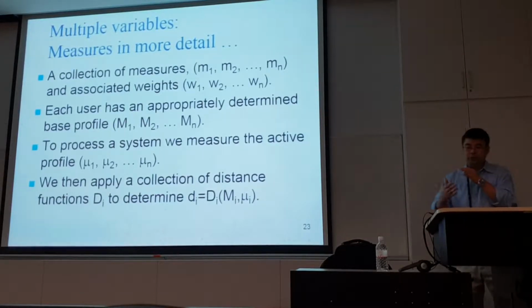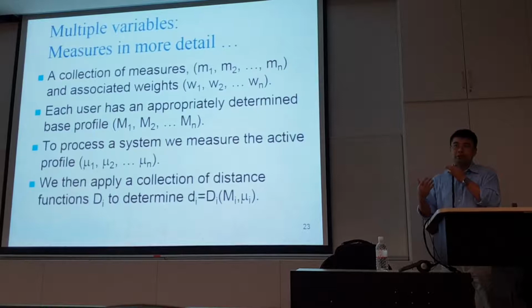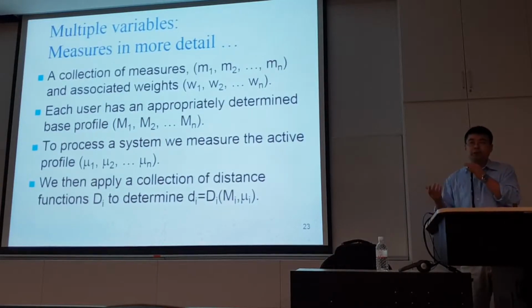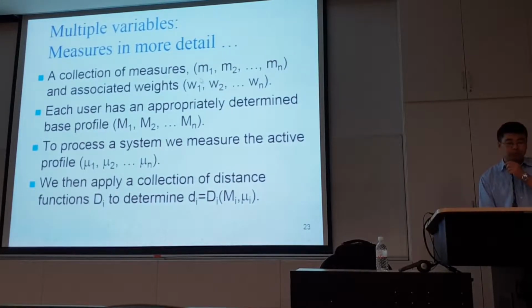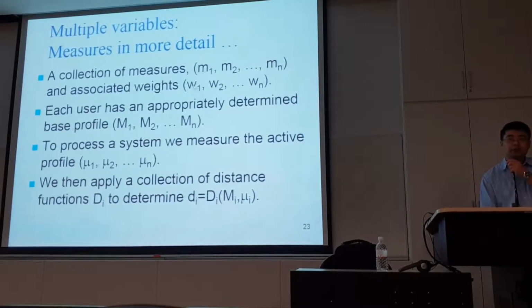And for different users, you may have different profiles. That means you may have different measurements. In this case, we can also assign weights, because some activities can be treated as more important, more critical than other measurements, right? For example, the number of logins, you treat this as an important measurement. You give weight 3, say.